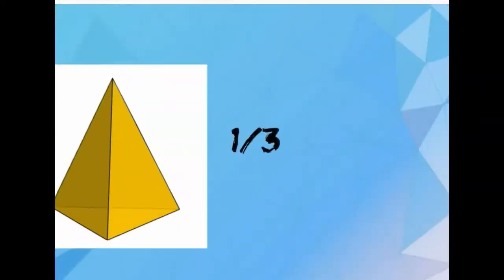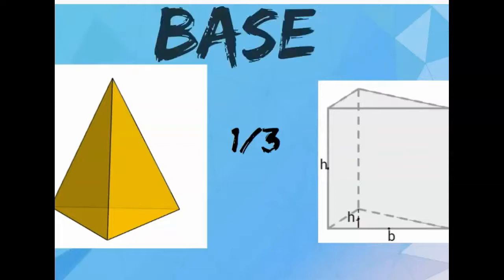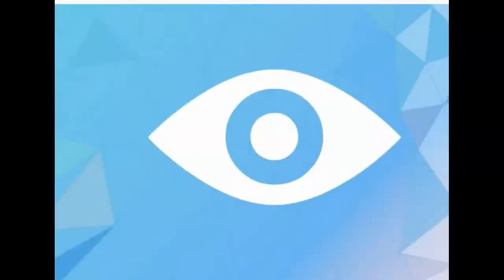The volume of a pyramid with a triangular base will be 1/3 the volume of a triangular prism, with an equal base and height. Let's see this visually by pouring water from a pyramid into a prism.